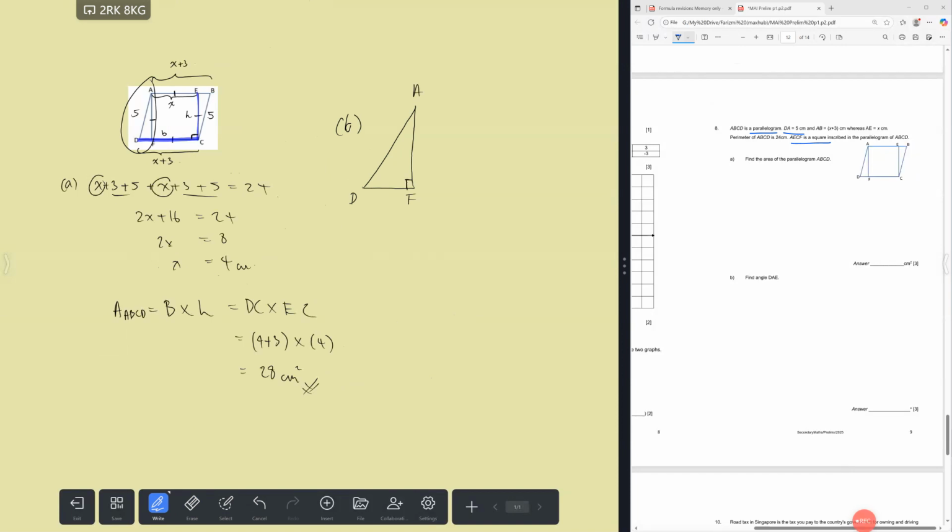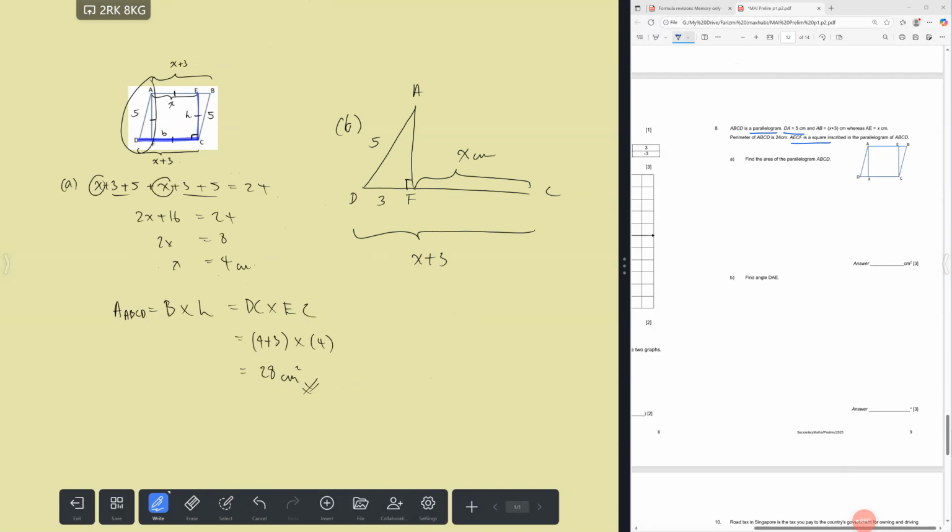And this is 90 degrees because of the square just now. And we have 5 cm here. If you look at DF, and all the way here is C, we know for a fact that this is x plus 3. And we know that FC is x cm. So DF itself is just 3 cm.